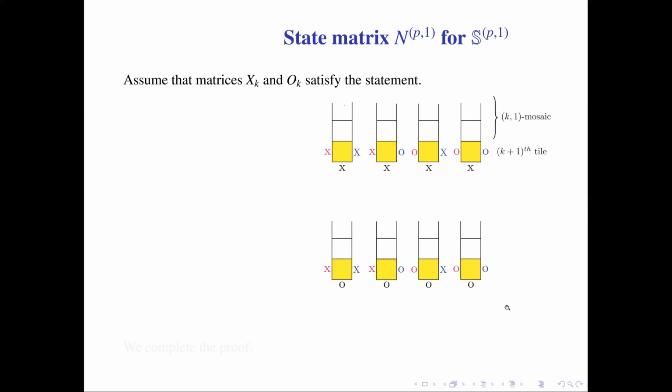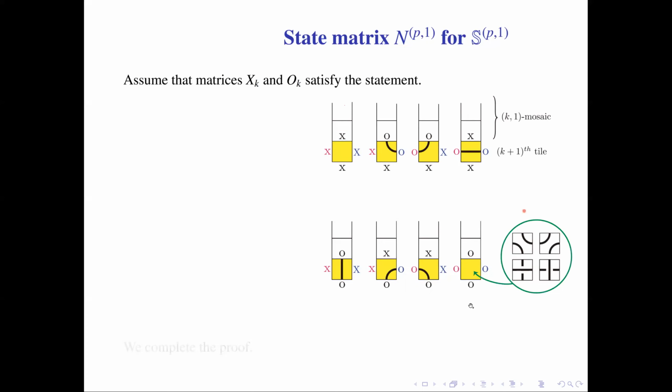Then the top state of each tile in yellow is automatically determined like this, because of the number of connection points.